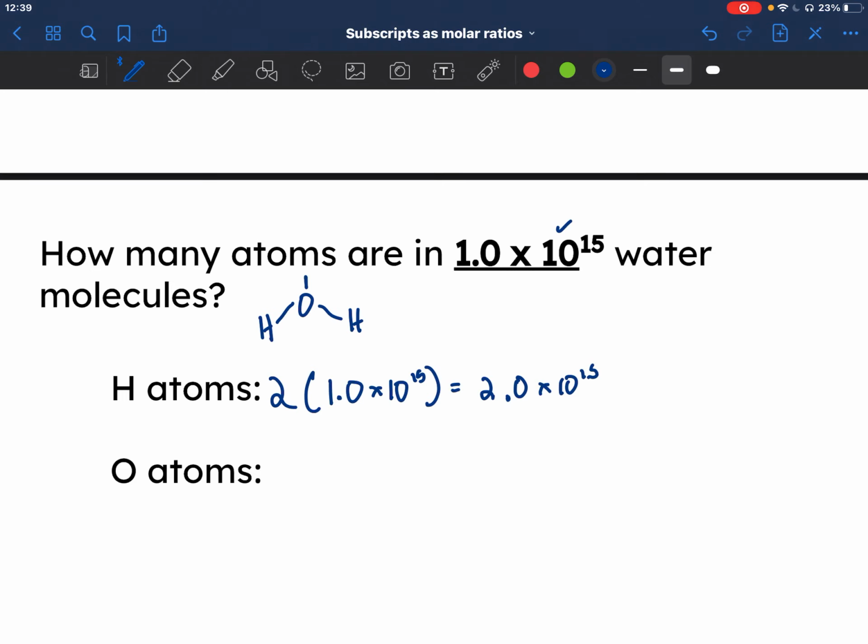Oxygen atoms, there's only one oxygen atom in every water molecule, so I'd have 1.0 times 10 to the 15th individual oxygen atoms in this many water molecules.